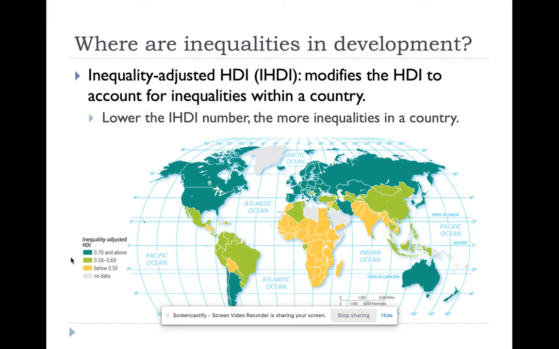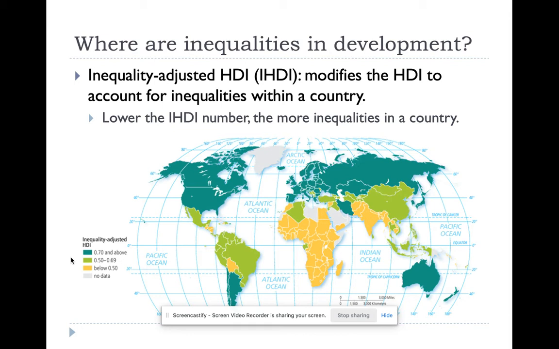And it, again, does not account for discrepancies, right? This does, right? It compares the HDI numbers in terms of demographics within a country, right? And the lower the IHDI number, the more inequalities there are within a country, right?